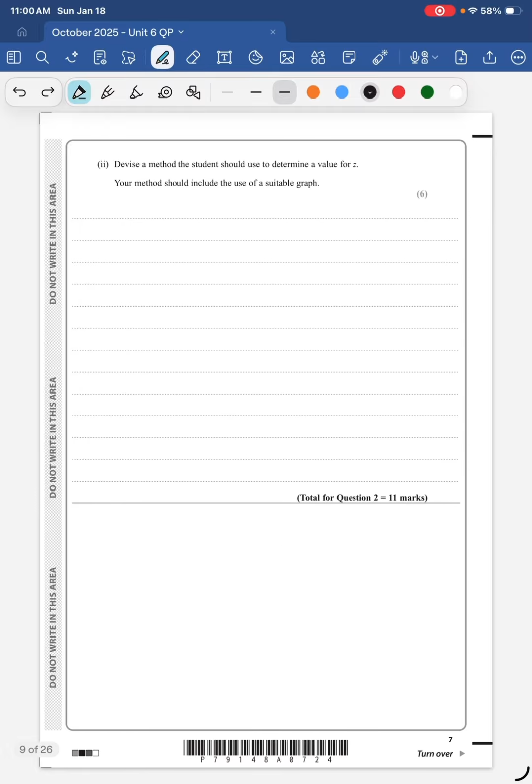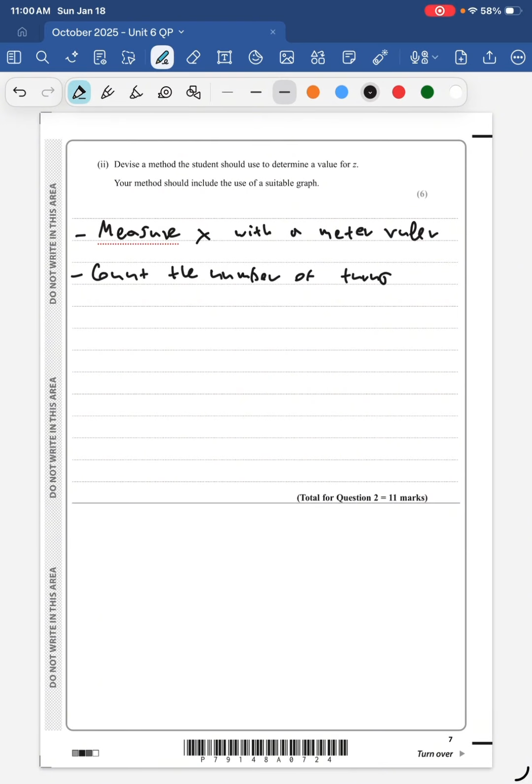Okay, you have to measure x. So measure x with a meter ruler. Okay, count the number of turns in the coil.